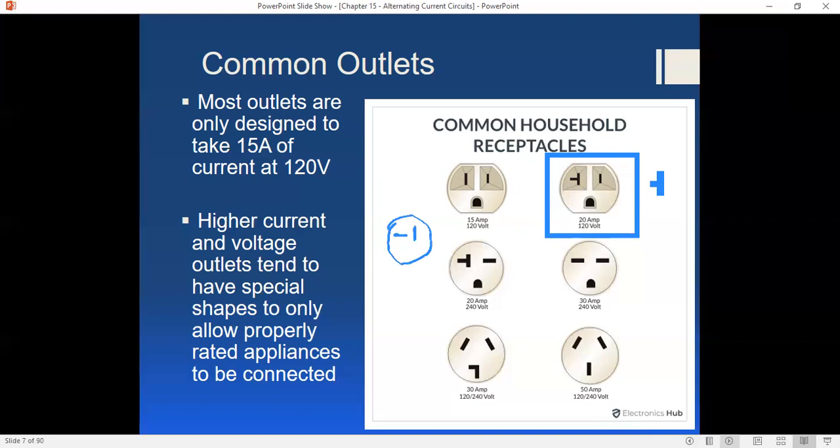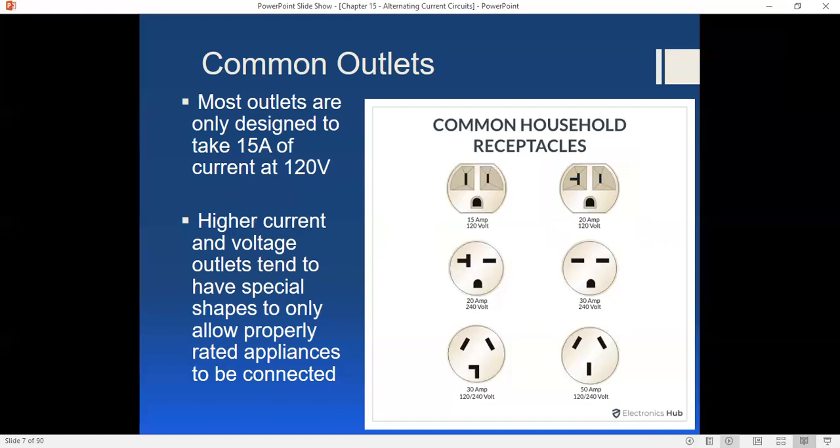And of course, we have the D-shaped ground here, okay? So what we see here is that the neutral can actually go in the horizontal direction in this particular case for certain plugs. So for appliances that use between 15 and 20 amps, they'll have a specially shaped plug that will allow it to fit into this outlet. And this particular outlet, again, is typically connected to a 20 amp breaker. So if you exceed 20 amps, that thing is going to click off, okay?